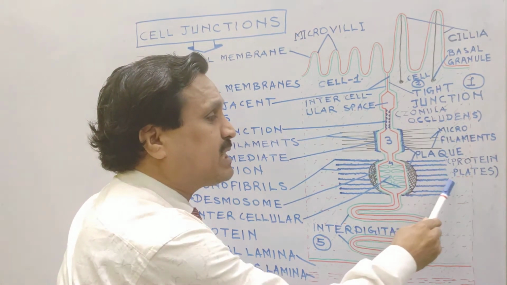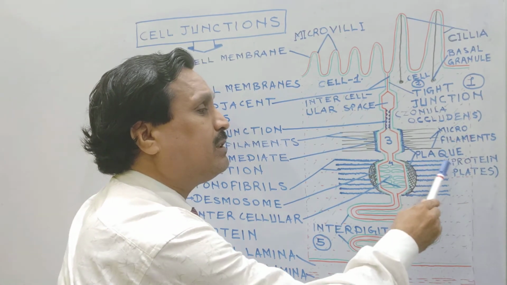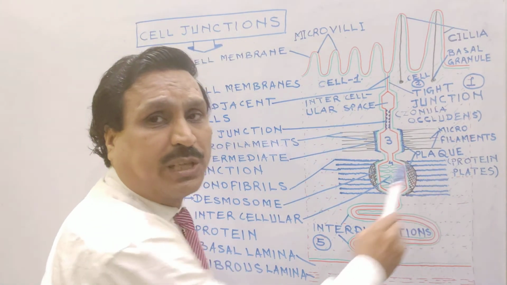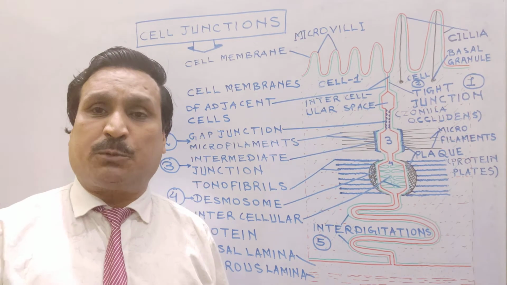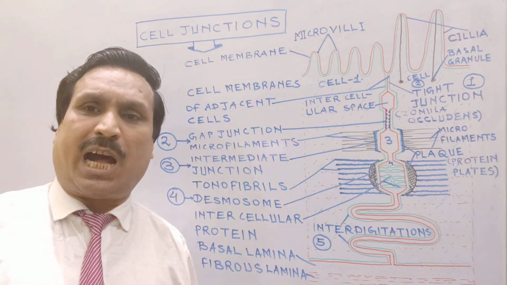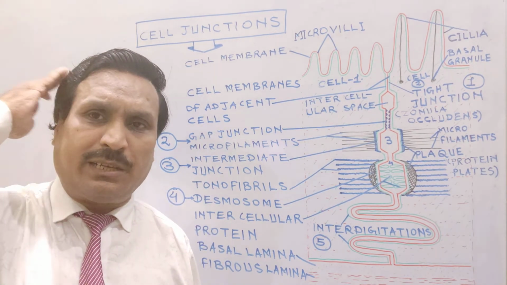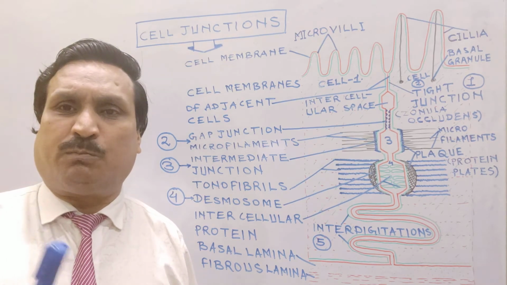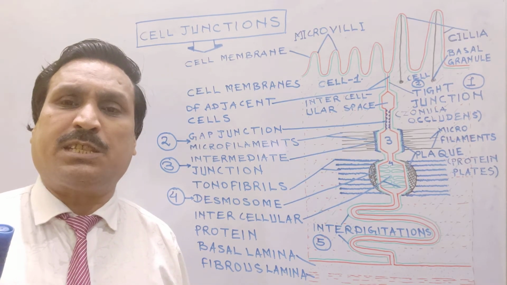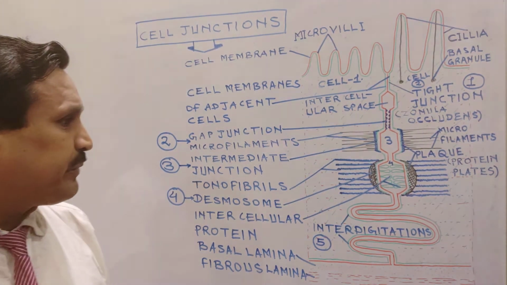These fibrils are formed of keratin-like protein. Yes, the protein of which our nails, hair and topmost layer of skin are made up.